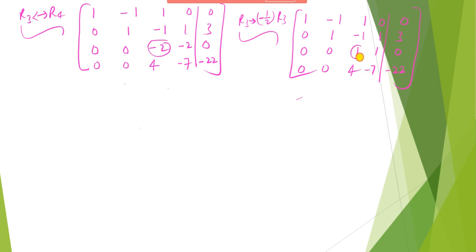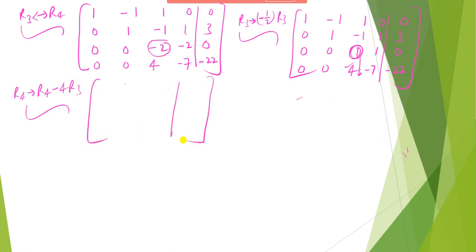So this is the key element, and with the help of this key element, make the below non-zero entry 0. That is, if 4 times of R3 is subtracted from R4, then this entry becomes 0. That is, perform the row elementary operation R4 minus 4 times of R3, and we change only the fourth row.